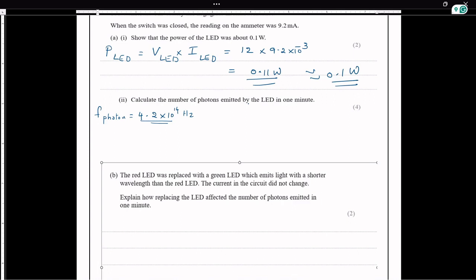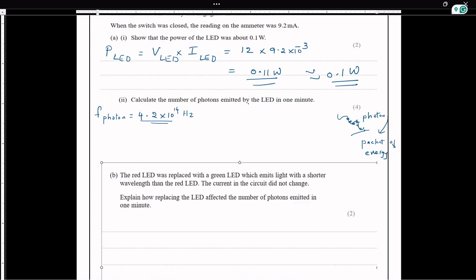But when you consider the particle nature of waves, we assume that the light wave is made up of tiny particles with a discrete amount of energy, and each particle we call a photon. So light consists of packets of energy called photons. A photon is a packet of energy.